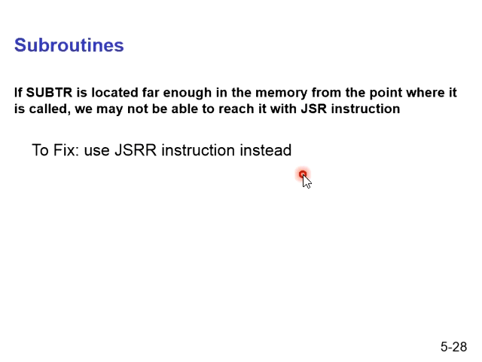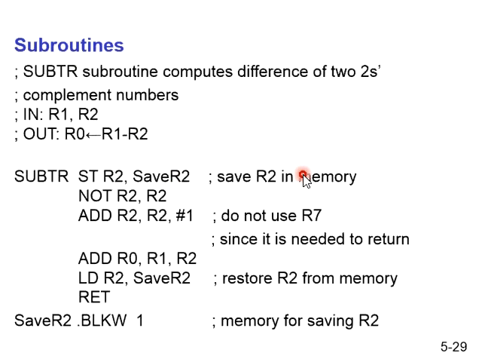At that time, we can fix our subroutine, the same as over here. And because we want to save register R2, over here we declare our location Save R2 with one location, using .BLKW 1 to say we have only one location, and we use it to store the value of register R2.